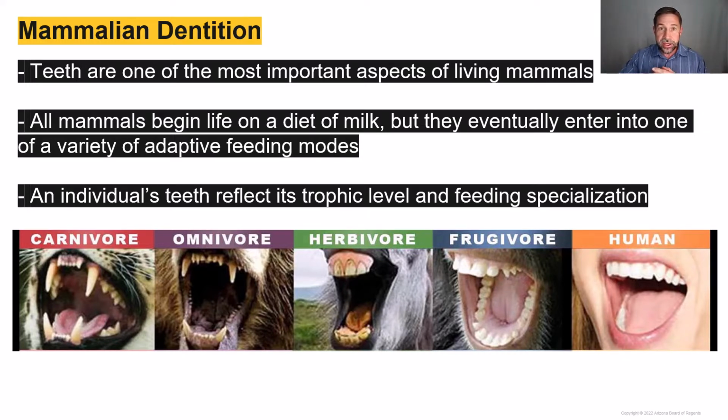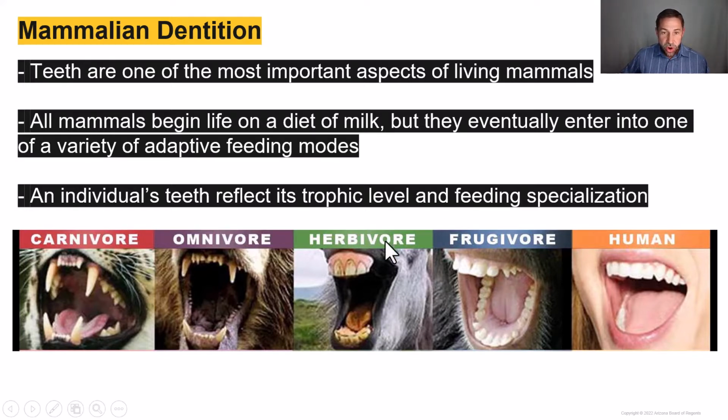But for now, recognize what I mean by an adaptive feeding mode is carnivory, herbivory, the frugivores, the insectivores, and of course the generalist omnivores, like this species right here that's capable of subsisting on an incredible range of foods, from cultures in the Arctic that thrive on marine mammals to entire cultures that are built on rice in Southeast Asia, to the San Bushmen in the Kalahari Desert running down antelope.